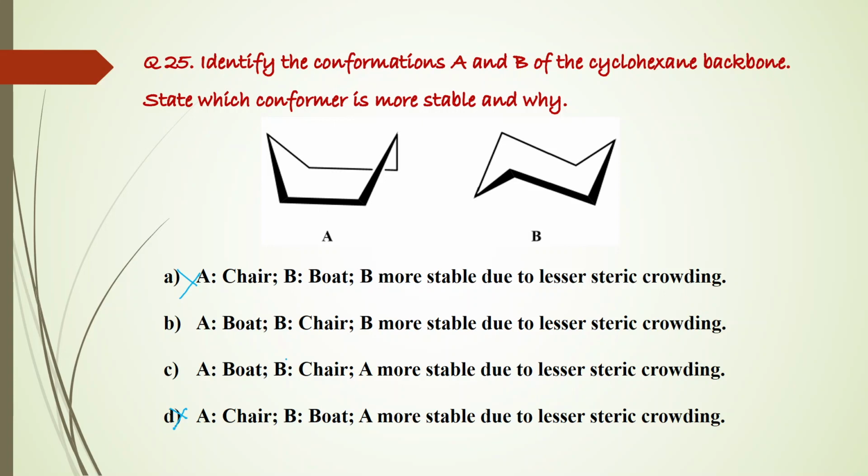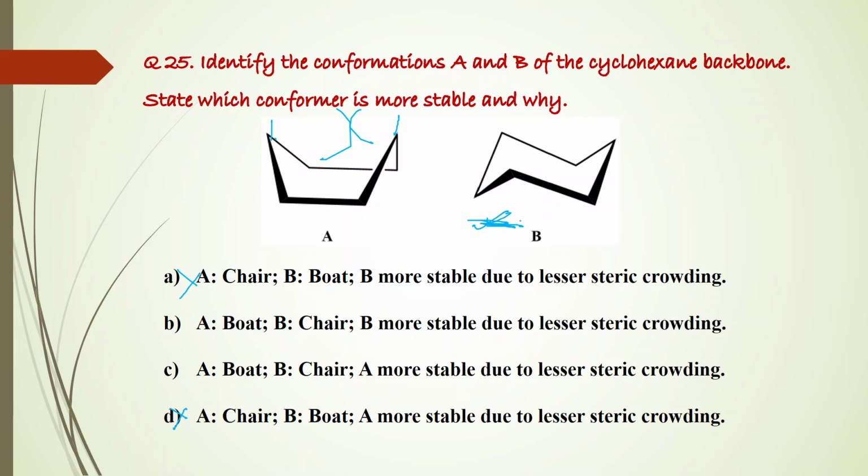I can see one answer. Okay. And we know the chair conformation is much more stable than the boat conformation, because in the boat conformation, whenever you put functional groups in the axial position, there will be a steric repulsion between them.